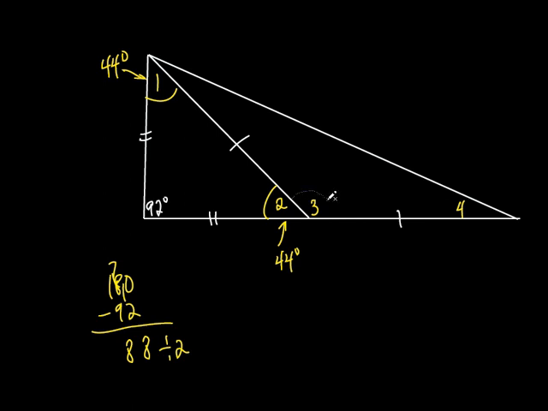So let's take a look at this angle 3 right here. Well, we already know this is 44, so what would you do? Yeah, these two add up to 180, so you could do what? 180 minus 44. There's something else you could have done as well. This is an exterior angle to this triangle, isn't it? So if you didn't like subtraction, you could do addition, couldn't you? And what would your addition be?